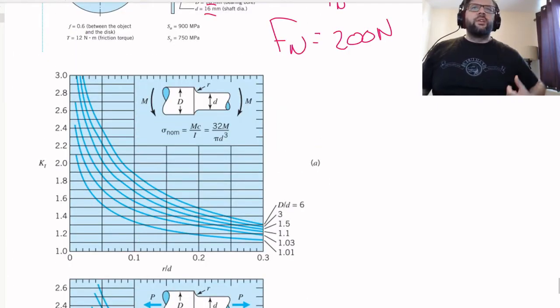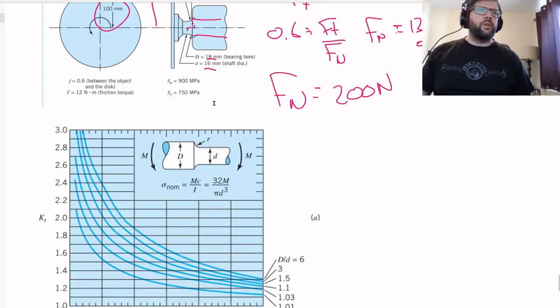Okay. So our big D over little d ratio is 18 over 16. That's 1.125.